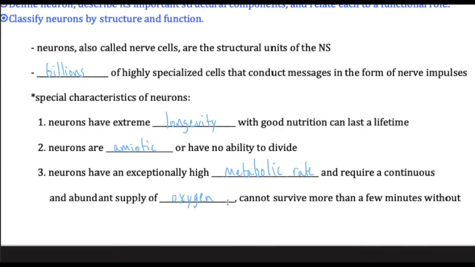Mature neurons have no ability to divide, or if you remember from biology, we're stuck in the G0 stage of cell division. Neurons also have an exceptionally high metabolic rate and require a continuous and abundant supply of oxygen, and without that, they only survive for a few minutes.